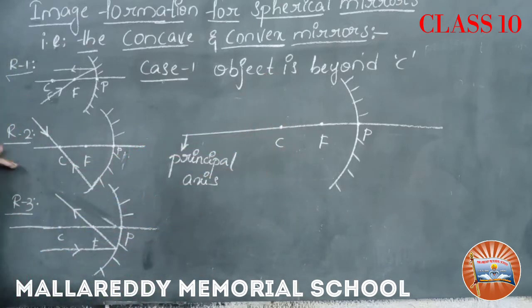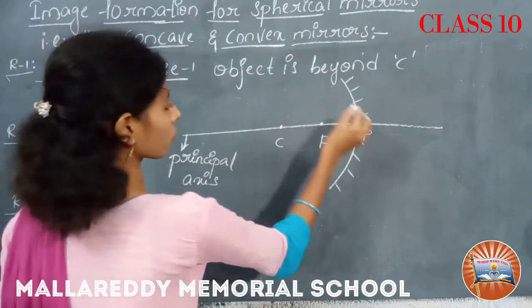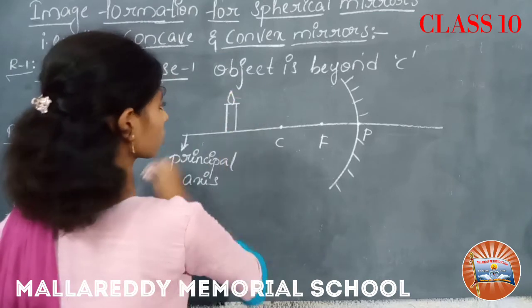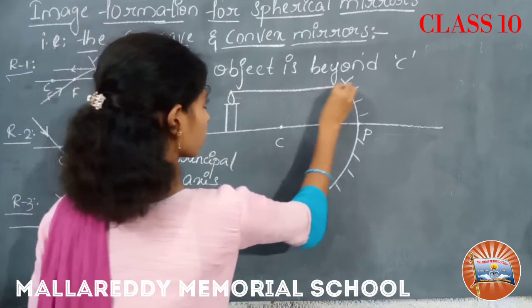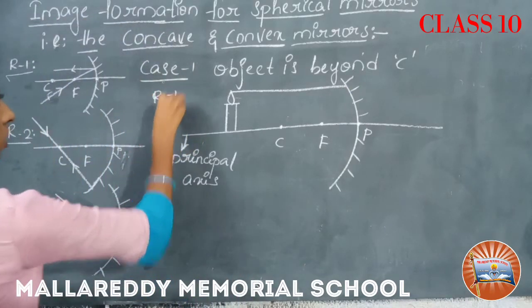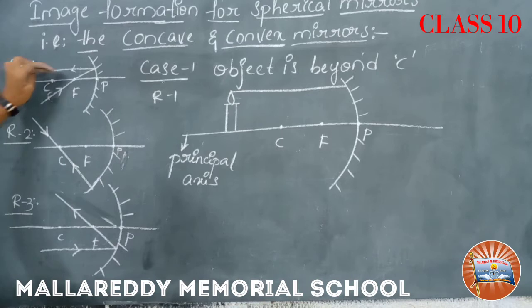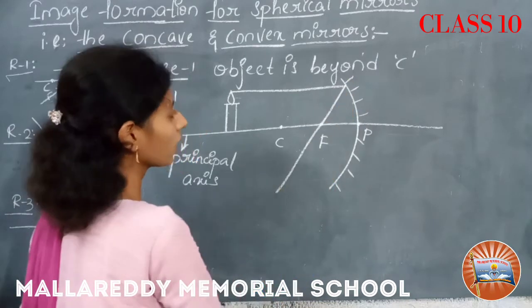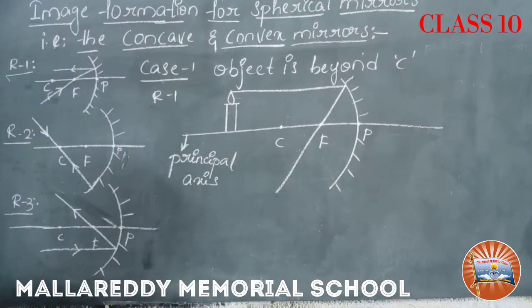So from these three we have to follow any two rules. First of all I want to take rule 1. At beyond C, if we keep the object, the light ray is incident on the mirror, and I am following rule 1 here. When the light ray is incident on the mirror, it is reflected through the principal focus. Right? Now again I want to follow rule 2 here.